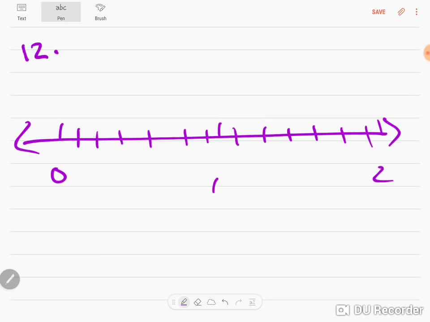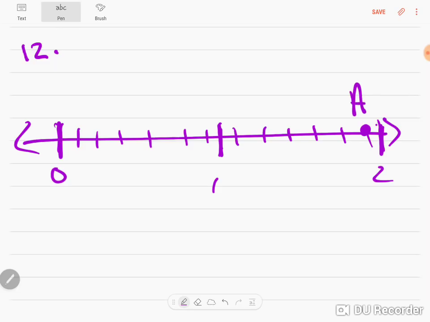All right, and point A is located, just so you guys know, that is 2. This is 1, and that's 0. Okay, and point A is located right here.